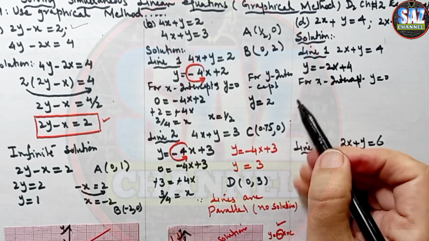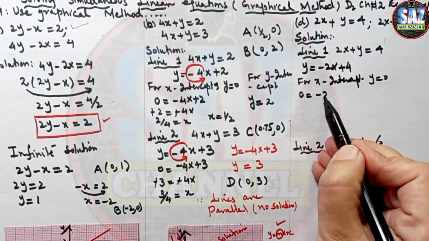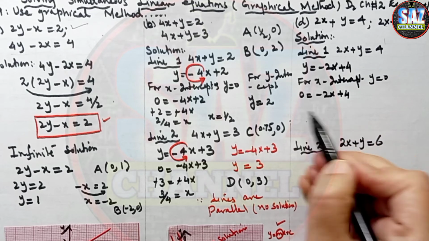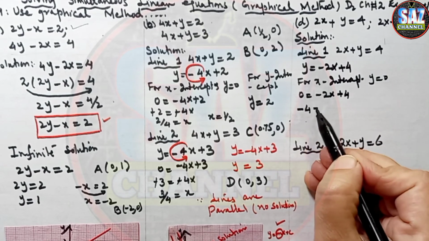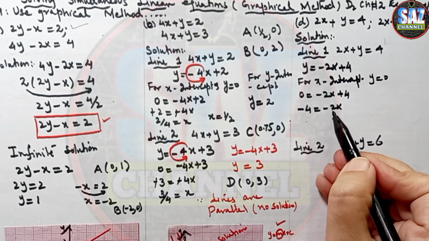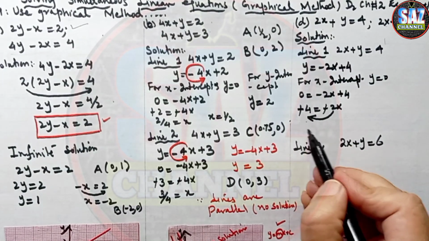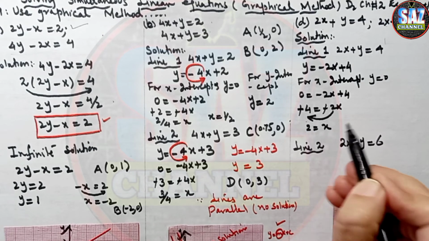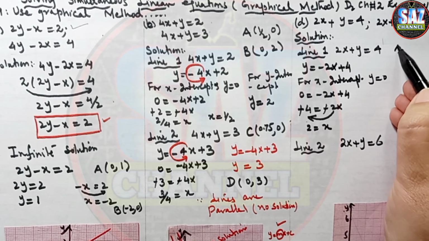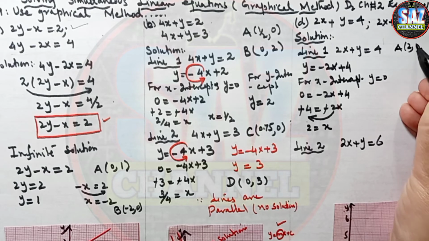And when I'm putting y equals 0, the equation takes the form minus 2x plus 4. Shift 4 to the other side, minus 4 equals minus 2x, shift minus 2 to the other side, 4 divided by 2 will give me 2, x equals 2. So one of the points can be A, (2, 0).